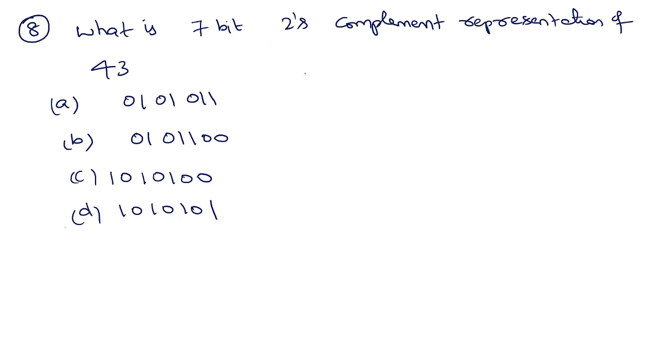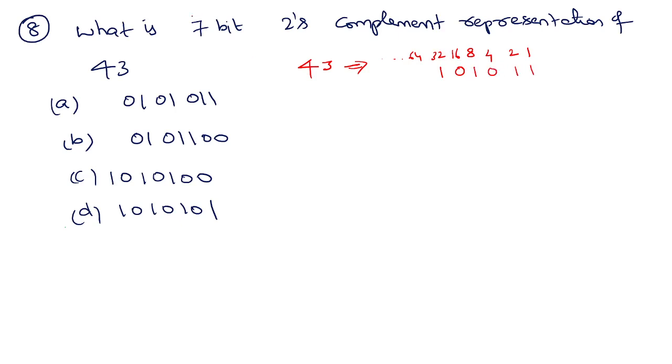So very simple. You take 43, and we know how to write it in binary weighted form: 1, 2, 4, 8, 16, 32, 64, and so on. This is 1, then this is 48, then this is around 40, then 0.